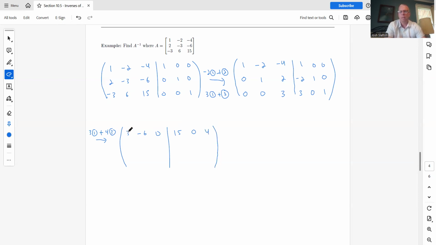All right, now we need to get a 0 here. And we're going to use row 3. So let's multiply row 2 by 3. 3 times row 2, and then we're going to minus 2 times row 3.